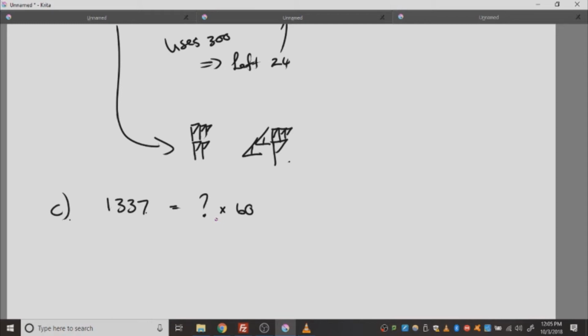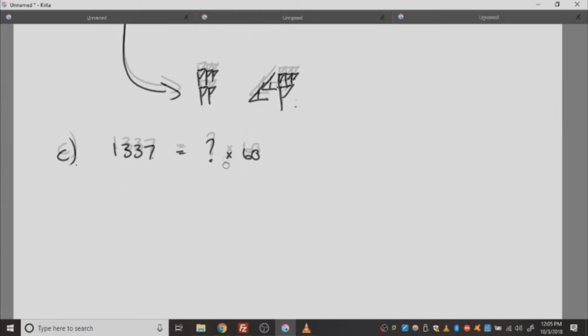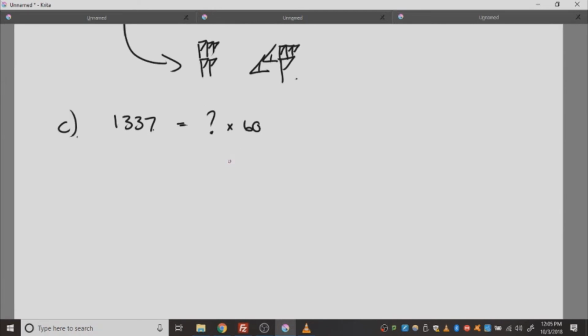You get 22 point, decimal, blah, blah, blah, keeps going. But it gives you the 22. You don't care about the little portions of 60. You only care about how many whole groups of 60 go in.